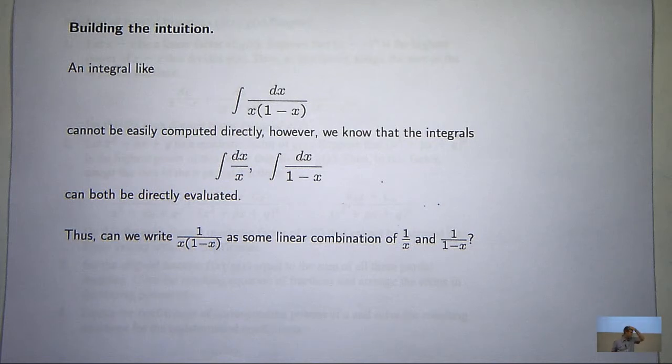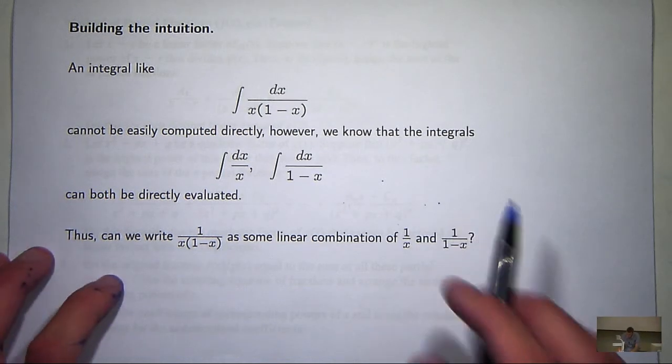And the question I've asked on this slide is, can we write our integrand, the thing we're integrating, as some linear combo of two things that we can integrate? And the answer is yes. Let me show you.